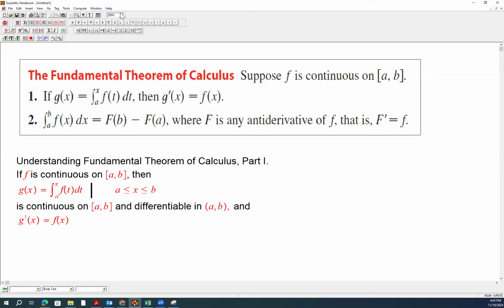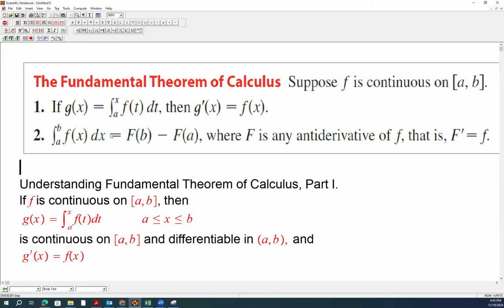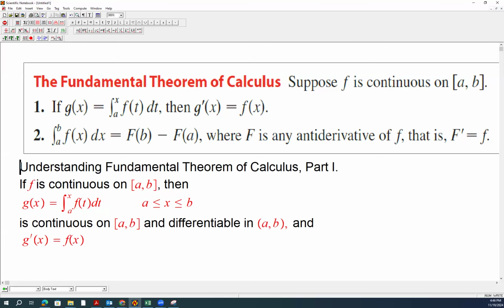So let me make the font a bit larger. Please notice g of x is defined as a function of x. And this x is the upper limit of the definite integral.